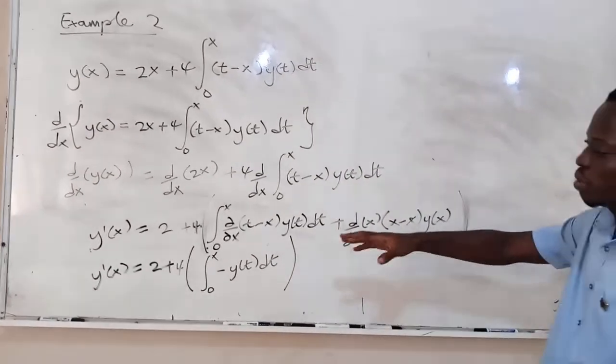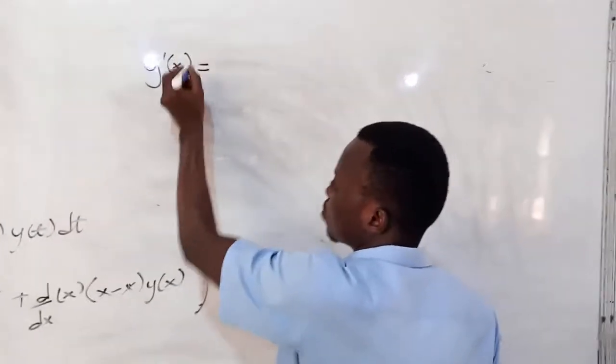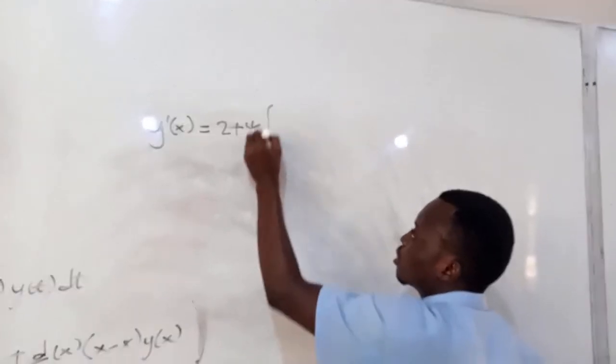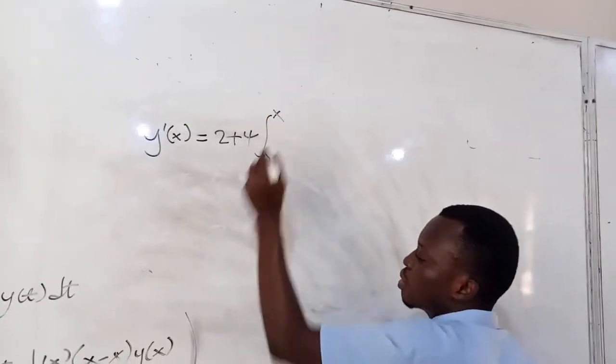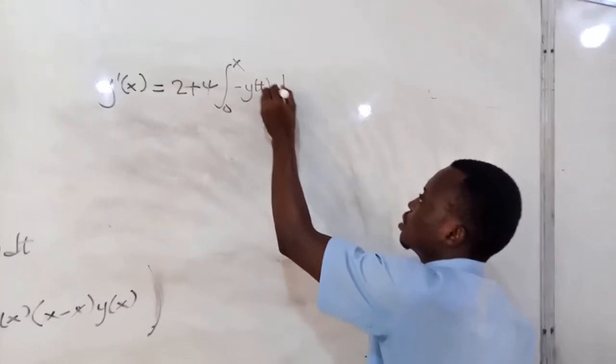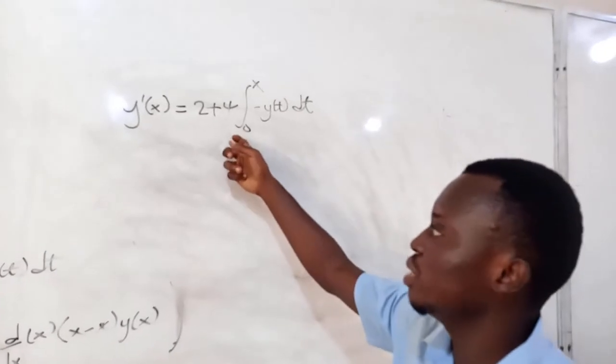So the resulting equation becomes y of s, which is equal to 2 plus 4 times the integral from 0 to s of (s minus t) y of t dt. Still, there's an integral equation, there's an integral inside.